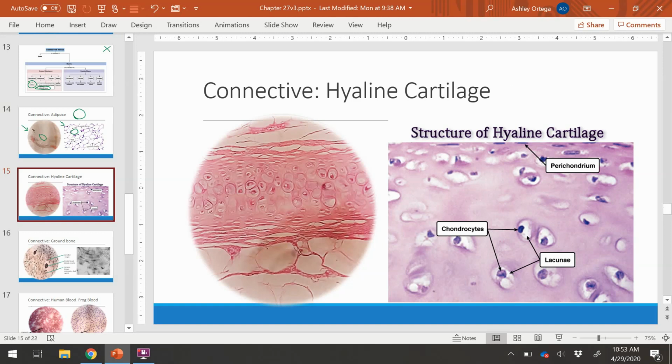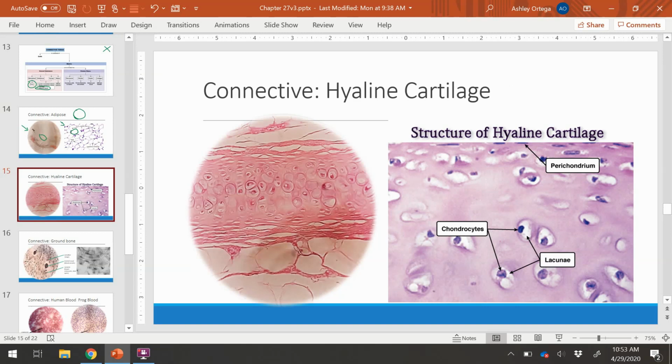And so that's what we're seeing here, is that these chondrocyte connective tissue cells are in a cavity called lacunae, or lacuna for singular. And so outside of that lacunae is a matrix. It's a suspension of watery or syrupy fluid. And so that's what you see here.